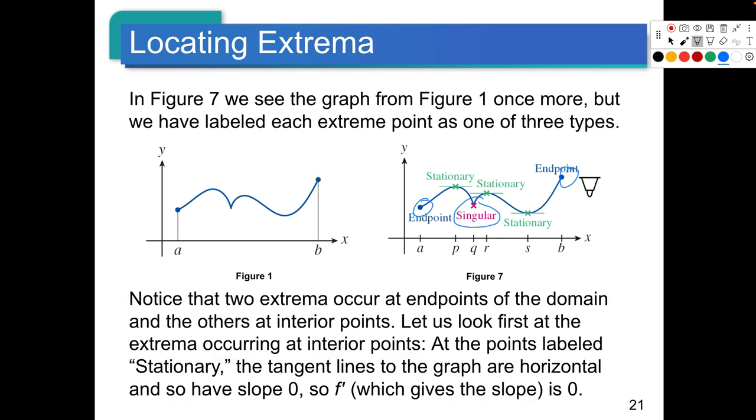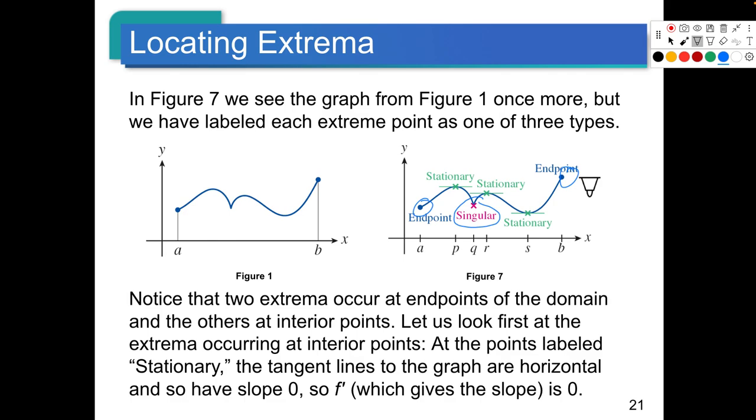So one way, if we don't have the graph, or we don't have the means to make a graph, we can find the derivative and set the derivative equal to 0. That will give us all the stationary points, all the places where it's either a local maximum or a local minimum, because that's where the tangent line would be 0. When we find the derivative and set it equal to 0, we're finding horizontal tangent lines, right?